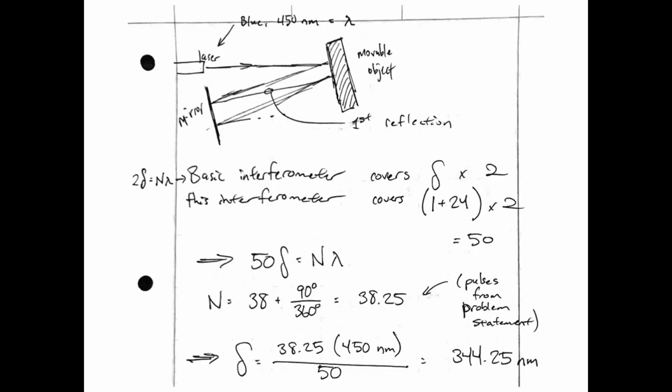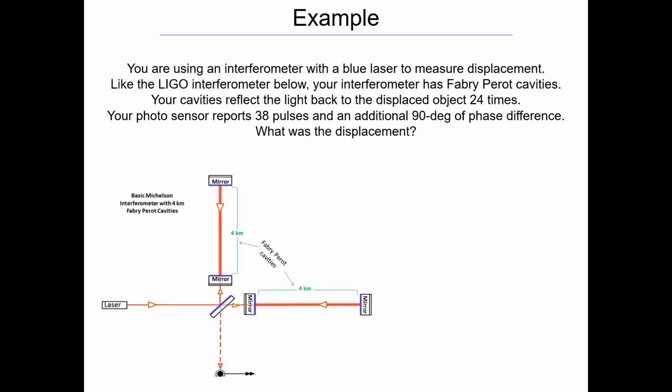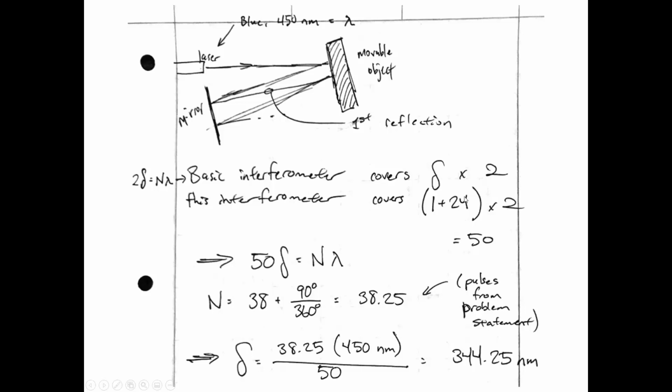But the wording here is: your cavities reflect the light back to the displaced object 24 times. So we have our normal one that goes through, and then this reflects it back 24 times. So we're actually going to have 24 plus 1, right? Because we had the normal one plus 24 reflections back. So our n is going to be 24 plus 1.